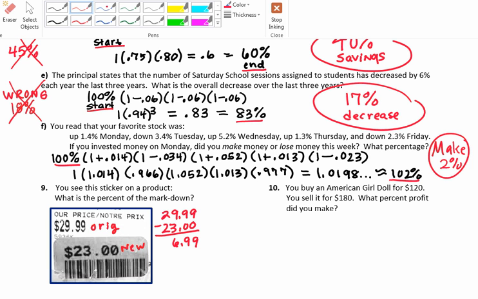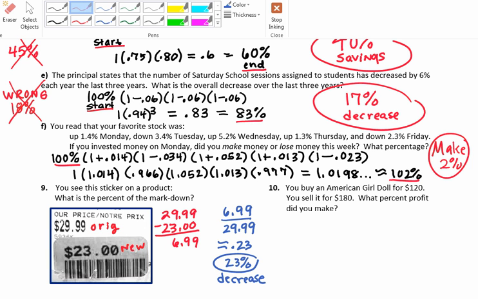And now we can take that difference, $6.99, and divide by the original value, which in this case is $29.99. Okay, so 6.99 divided by $29.99, and I end up with approximately 0.23 or 23%. Since the price went down, that is a 23% decrease.